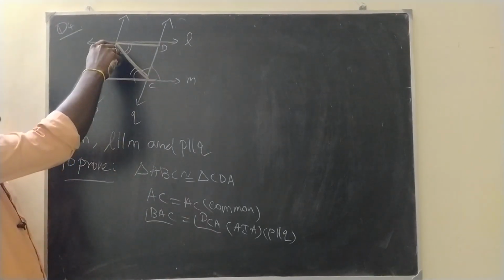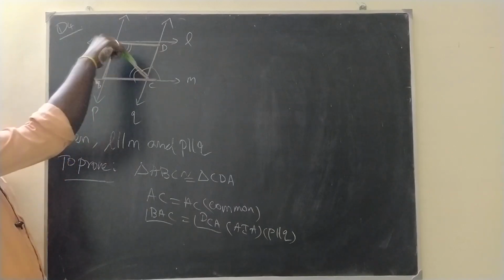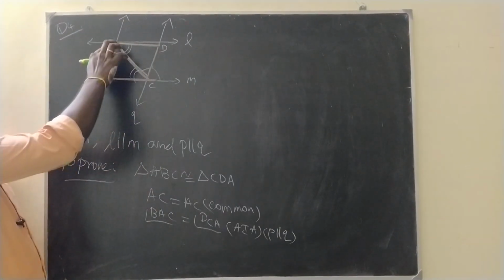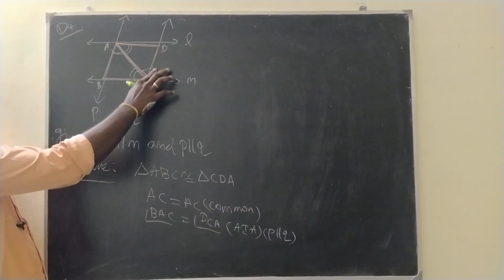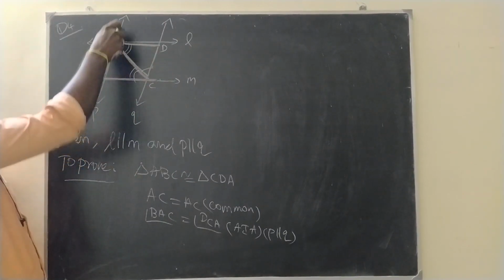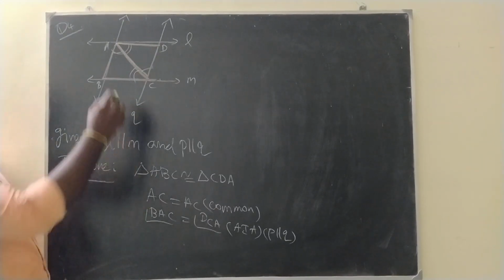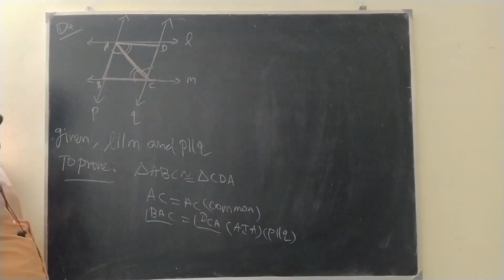Okay. Is this angle fully called BAC? No. So you can say only, we need this part alone. So focus on P and Q. For P and Q alone, this is completely coming.